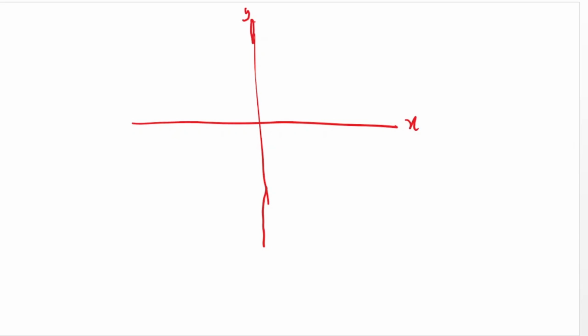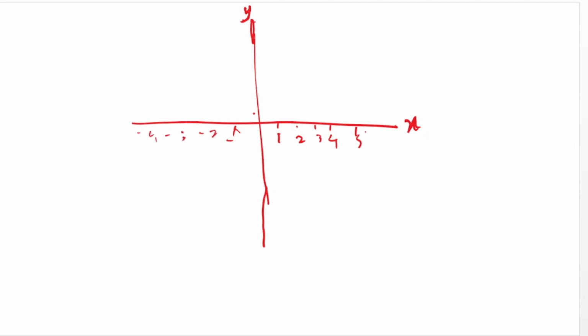On this plane, at this side here, all these sides are positive. Anything that falls here is positive. Along the x-axis, this is 1, 2, 3, 4, 5, and this will be -1, -2, -3, -4.